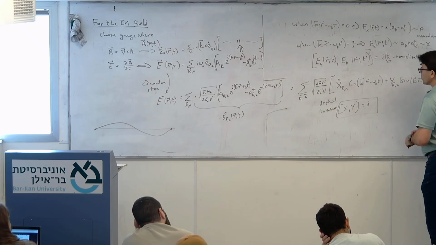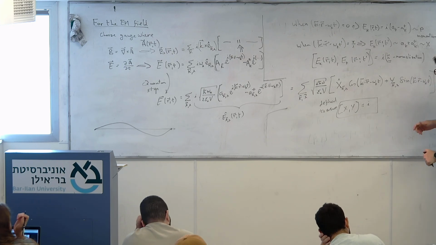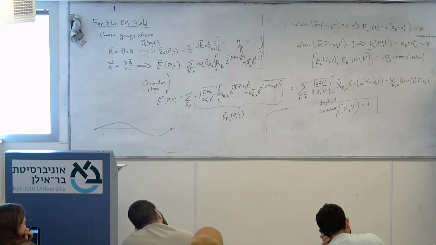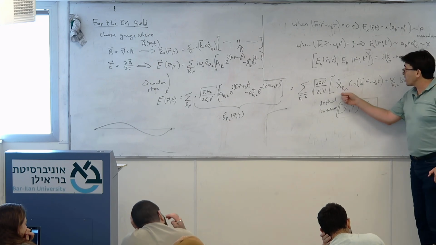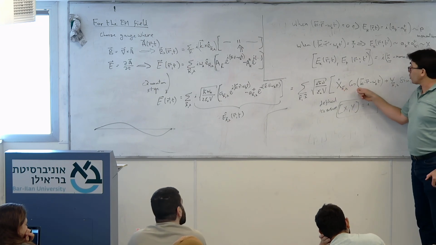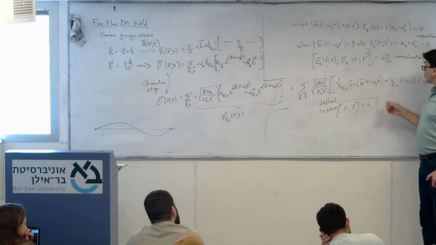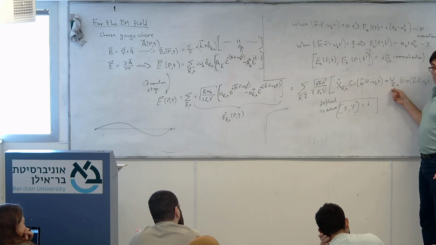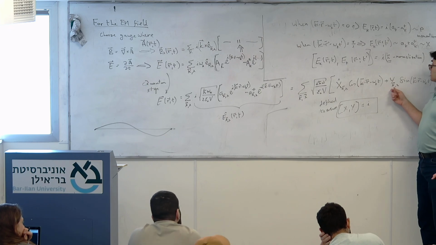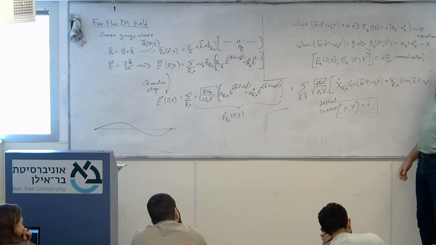So you can see that now we can actually identify who x and p are. As we expect, x is the amplitude of the cosine component of the oscillation, and y, or p, is the amplitude of the sine component of the oscillation.